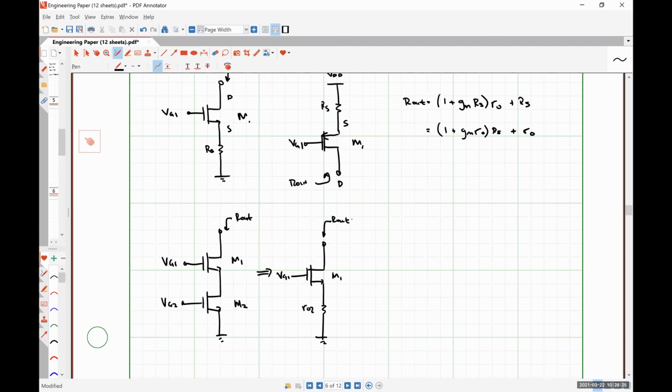And I'll draw the PMOS as well while I'm at it. In turn, it looks like this guy.